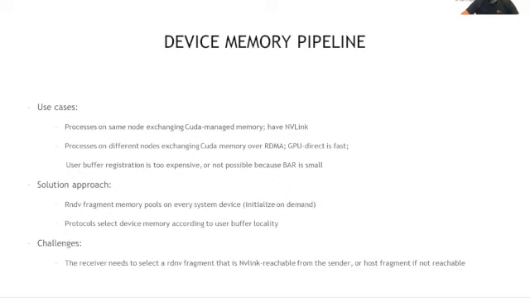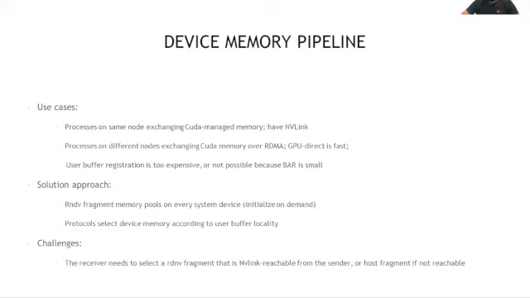So the problem here is that the receiver needs to select a rendezvous fragment that is NVLink reachable from the sender, or a host fragment if it's not reachable. And that's a challenge. We actually discussed it quite a lot internally with Akshay and the vendor, but could not find a good solution for it yet.